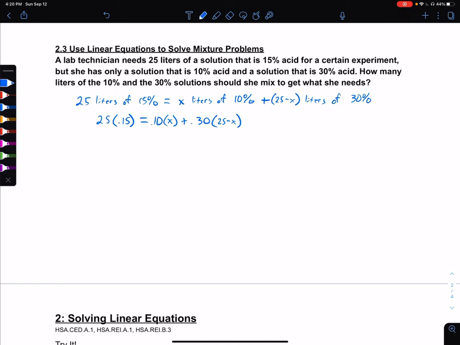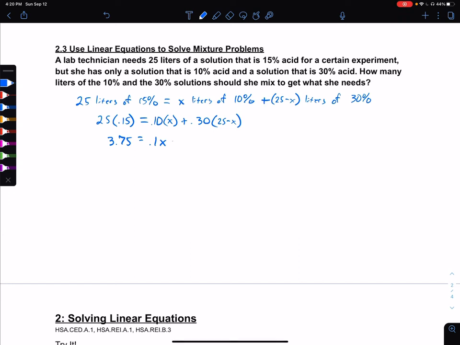So from here, we can now begin to solve. We want to simplify this and start moving some terms around. So the 25 times 0.15 is going to be 3.75. So we'd have 3.75 here. 0.10 times X, we can get rid of the parentheses, so we'll have 0.1x.